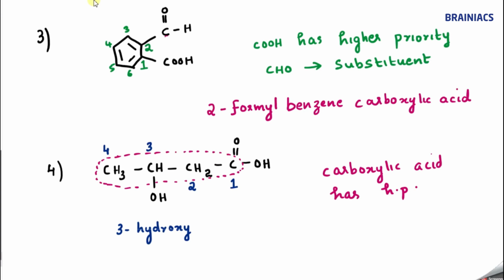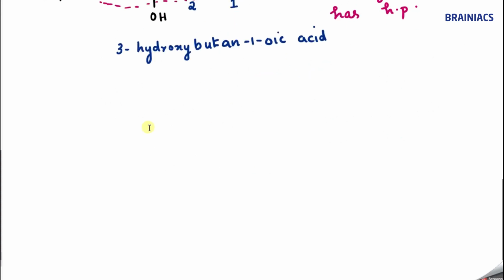Word root: 4 carbon atoms are there, so we use the term but. Then primary suffix: all are linked through single bonds, so we use the term butane. Then at first position, you have oic acid, the suffix for carboxylic acid. So the answer is 3-hydroxy butane 1-oic acid. Okay, so I hope this is clear for you.